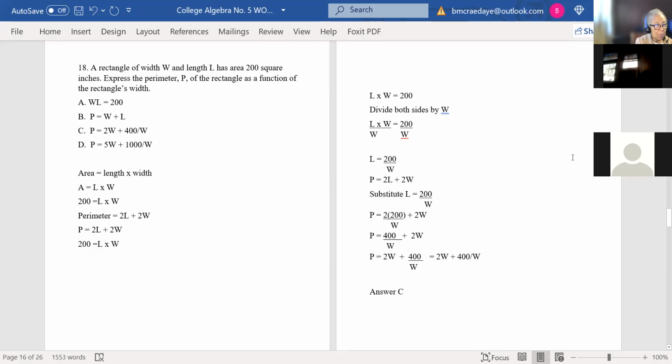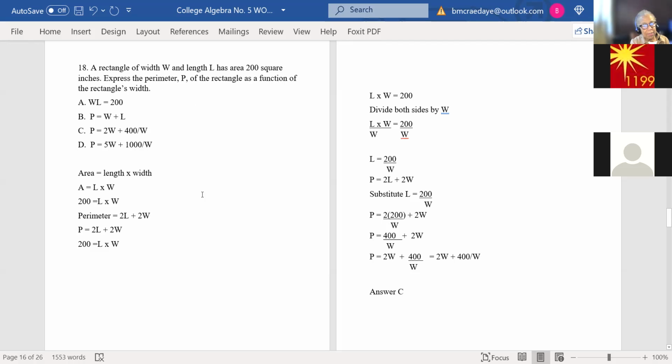Okay, let's go back through number 18. A rectangle of width W and length L has area 200 square inches. Remember, area is always square units. Express the perimeter P of the rectangle as a function of the rectangle's width.